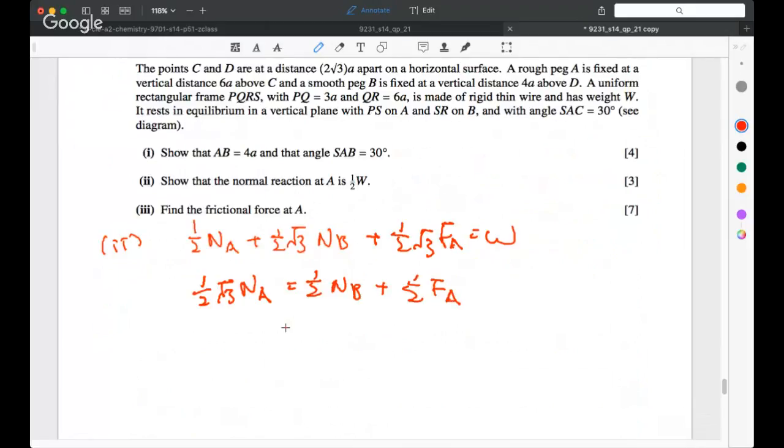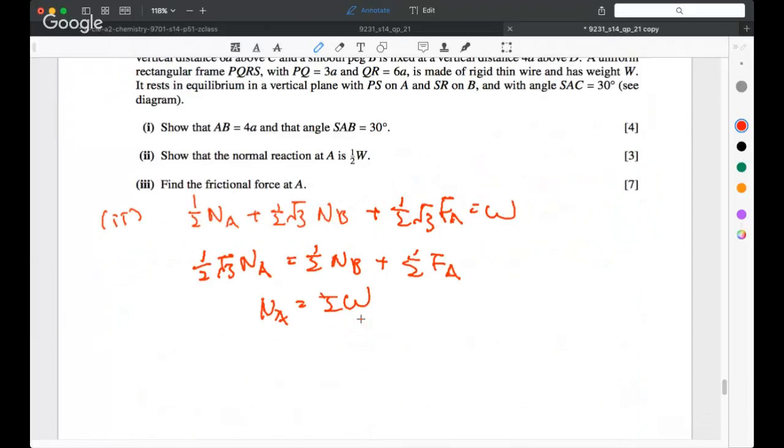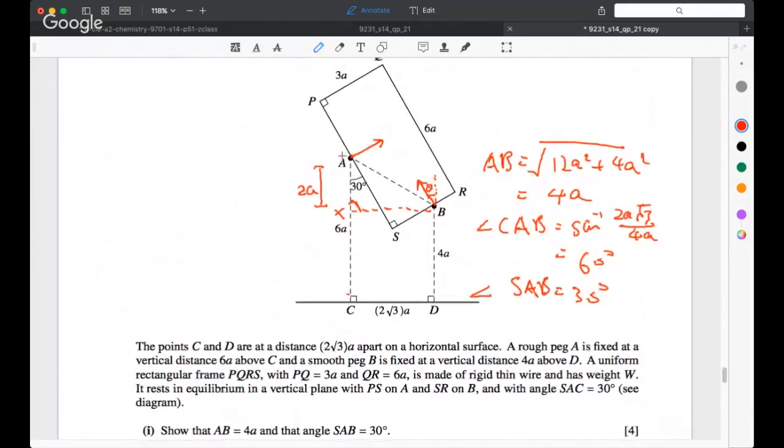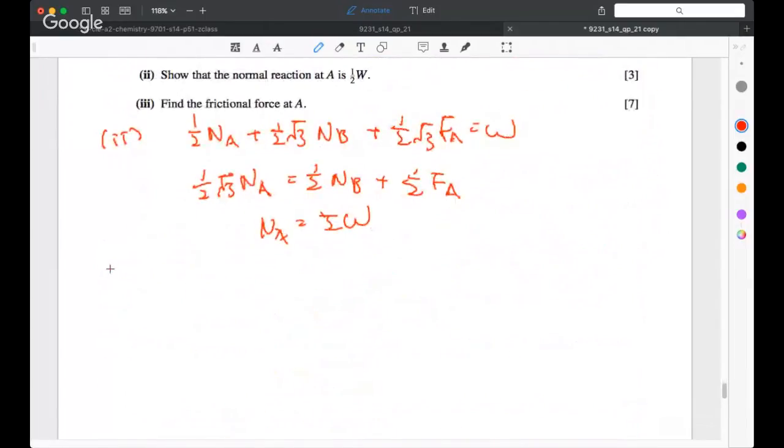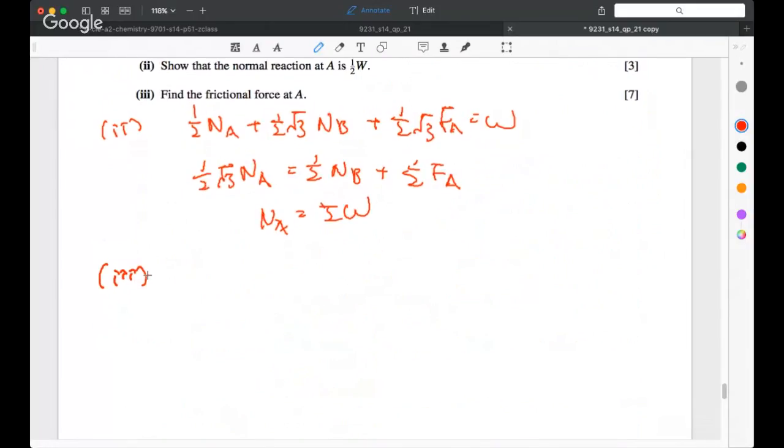And by solving this simultaneous equation, I eliminate MB plus FA. We have NA is equal to a half W. And the third part of the question, we want to find the frictional force at point A. So in order to do that, we need to resolve forces in the direction of PQ to find NA.